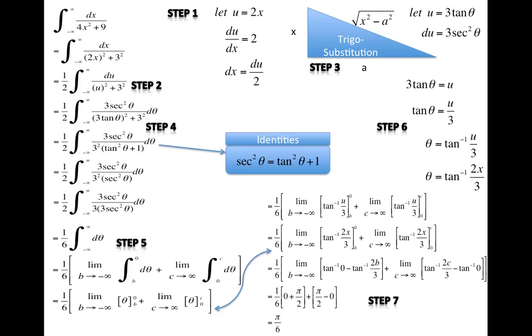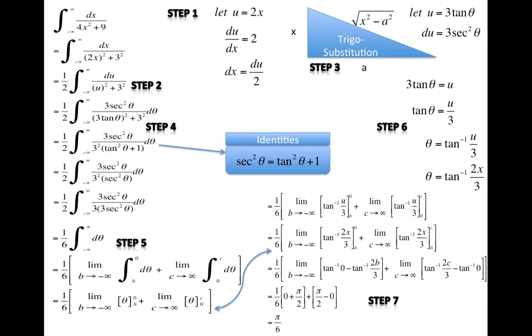So as you can see, we will use a trigonometric substitution as shown in step 3, where we let u equal 3 tangent theta, and we plug that into step 4, and du equals 3 sec squared theta d theta, which we also plug into step 4. So we will get 3 sec squared theta over 3 tangent squared theta plus 3 squared.